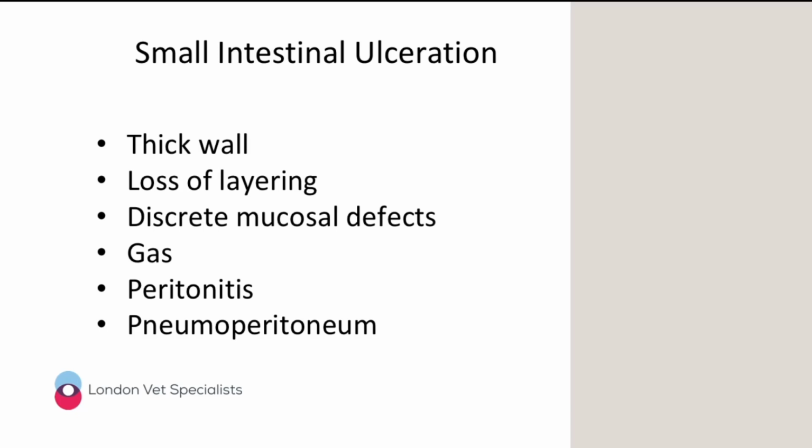And again, as with the gastric ulceration, if you see gas permeating the intestinal wall, then that pretty much nails it on as a small intestinal ulcer. As well as the changes to the intestinal wall, you might also see a peritonitis associated with it. And if the ulcer has ruptured, then you're also going to see a pneumoperitoneum. And you guys know how to diagnose a pneumoperitoneum using ultrasound now.